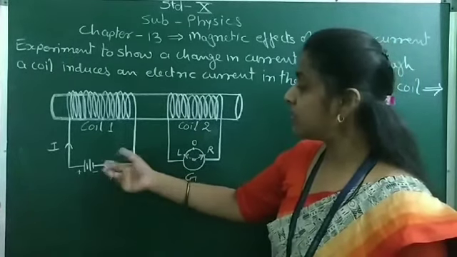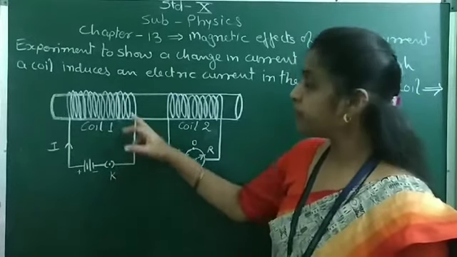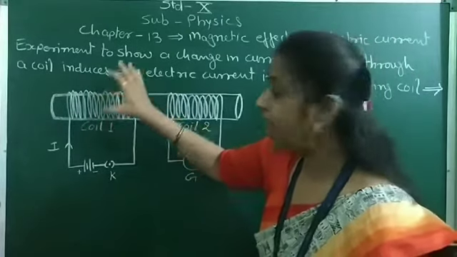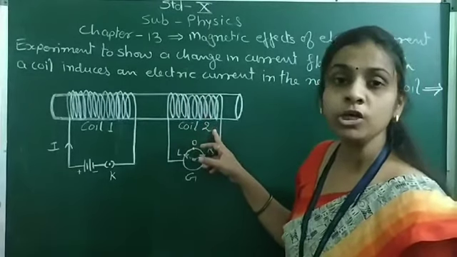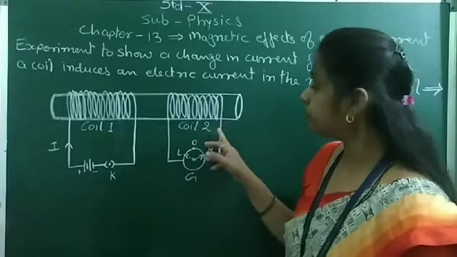So because of the key being opened or closed, whenever current flows or does not flow through the coil, the magnetic field associated with coil 1 changes, and therefore the magnetic field lines associated with coil 2 also change, which induces the current.